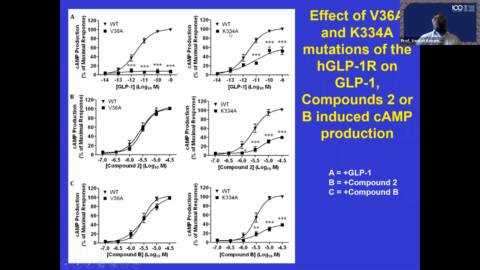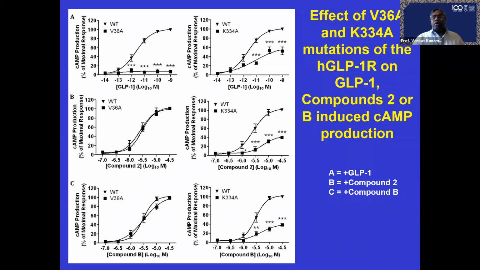Whereas here, because it decouples from Gs, we see a reduction in GLP-1 induced cyclic AMP production. Compound 2, we know, binds at a different site, and that binding is not affected by the V36A mutation. But even though it binds at a different site, it does cause coupling to Gs and thereby an increase in cyclic AMP production. Therefore, when we make this mutation, we see a reduction in cyclic AMP production. Similarly, compound B also just mimicked compound 2.